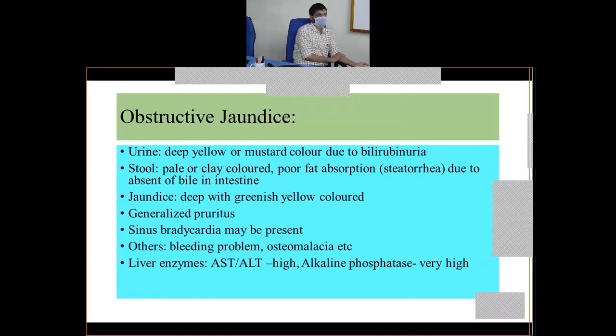Stool is pale, and poor fat absorption can lead to steatorrhea due to absence of bile in the intestine. The jaundice will be deep, grayish yellow in color.